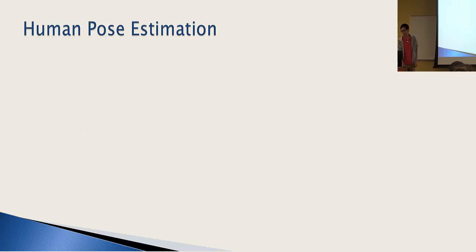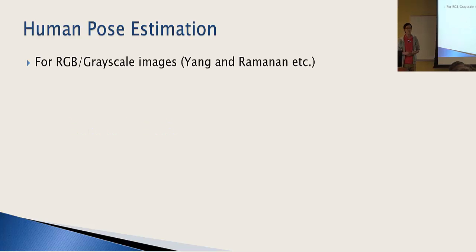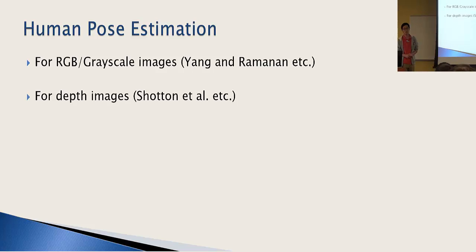Here are some related works. For human pose estimation, there are three major research directions. The first one is RGB or grayscale image-based human pose estimation. For example, Zhang and Ramana have very good research papers about this. Another direction is depth image-based human pose estimation.